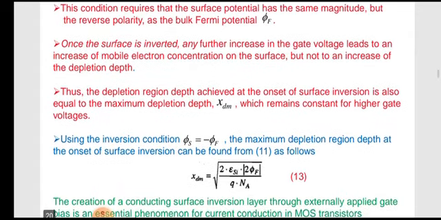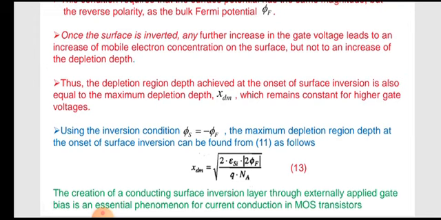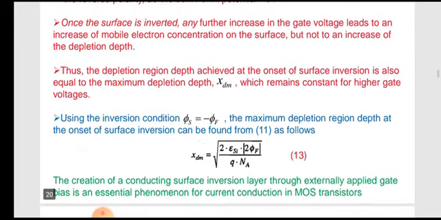Thus the depletion region depth achieved at the onset of surface inversion is also equal to the maximum depletion depth, that is xdm, which remains constant for a higher gate voltage.